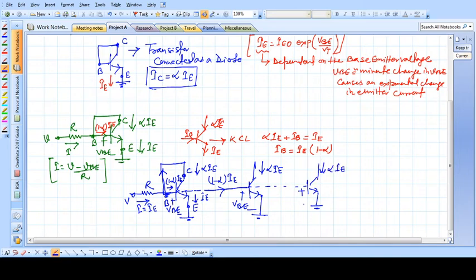Like that. We can see that in such cases these two currents are nearly the same. So this one is nothing but simply the current mirror concept.